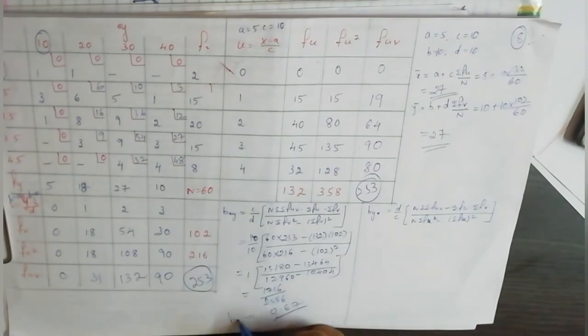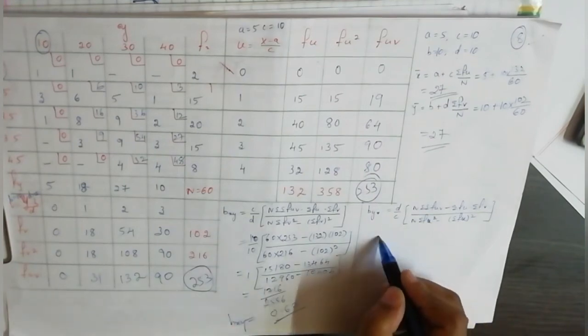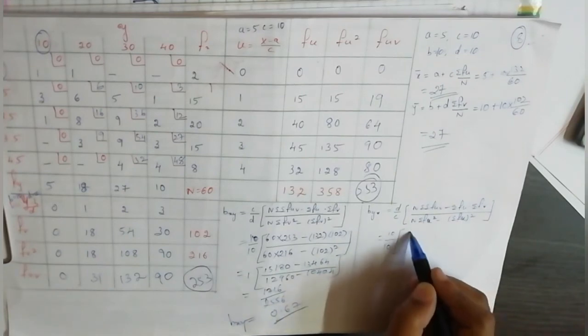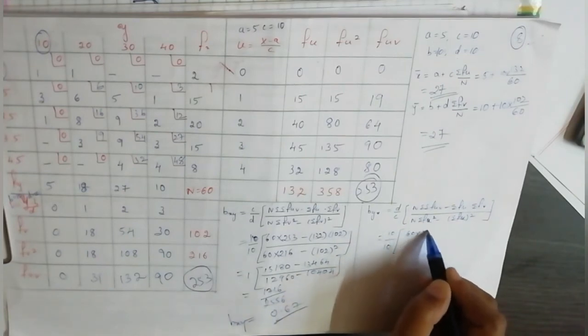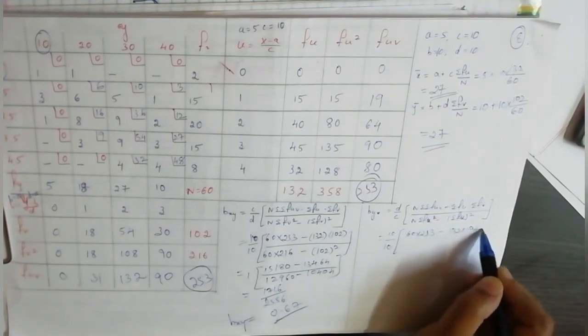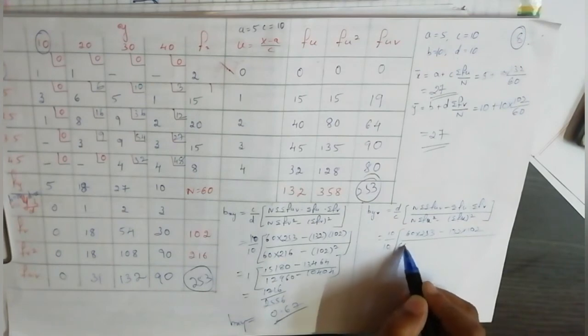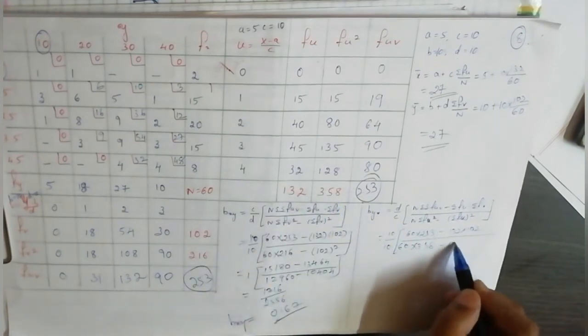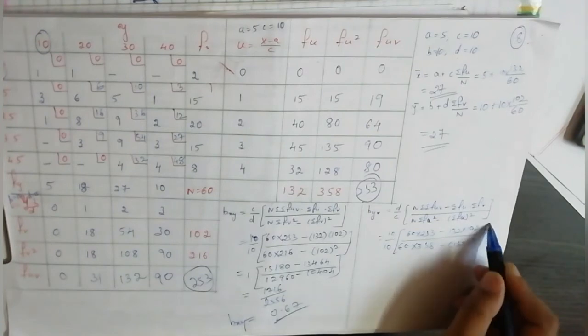0.67 is bxy. Similarly byx, here also 10 by 10, numerator same, it is 60 into 253 minus 132 into 102. Now denominator 60 into sum of fu square 358 minus 132 the square.